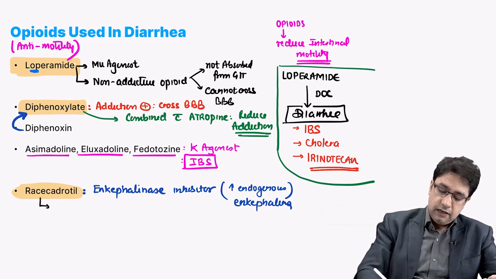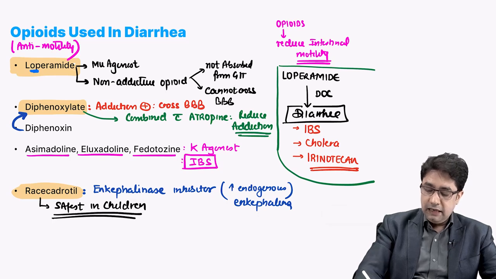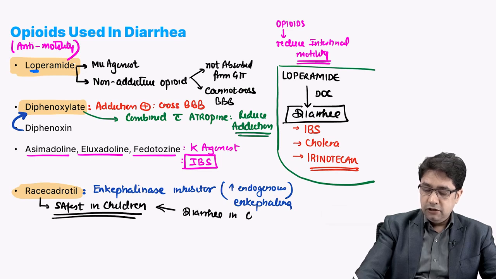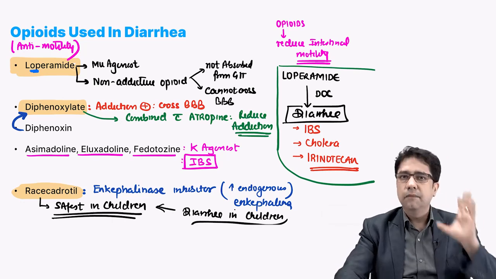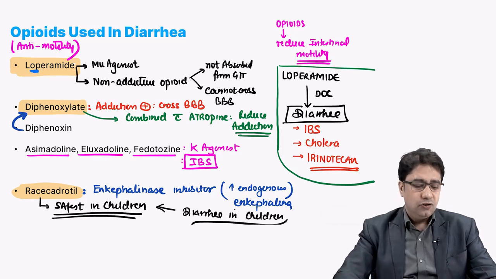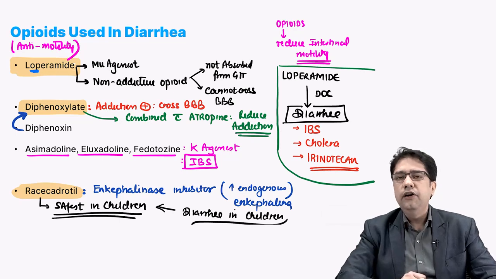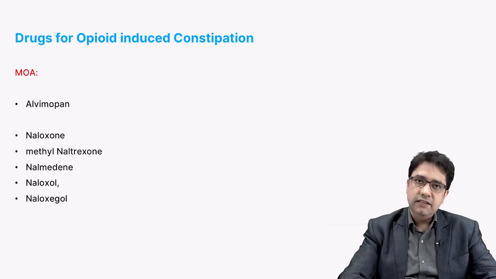This racecadotril is the safest drug among this class in children. So that is why it is preferred for diarrhea in which age group? Diarrhea in children. So why is loperamide not a very safe drug in children? Because in children, the blood-brain barrier is not fully developed. So loperamide does have a little bit of entry into the brain. So although loperamide is the safest drug, in children the safest drug is racecadotril.